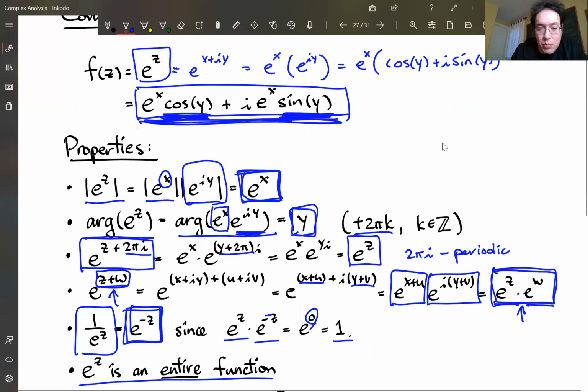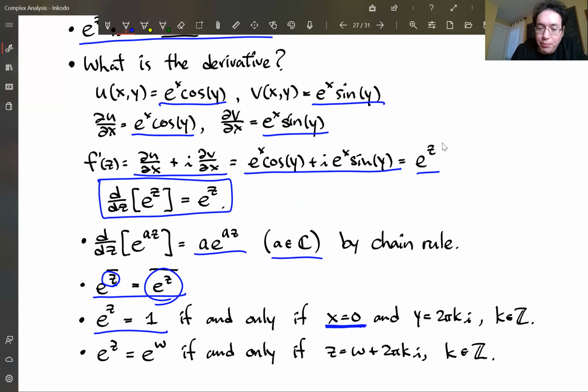And that only happens when x is equal to 0. And of course, the argument has to also match. So the argument has to be 0 or any 2 pi i multiple, added or subtracted.